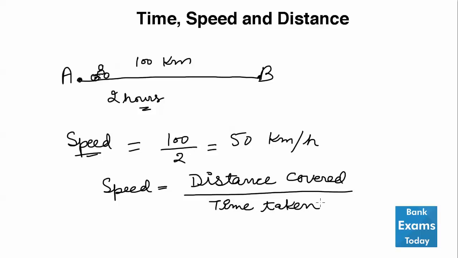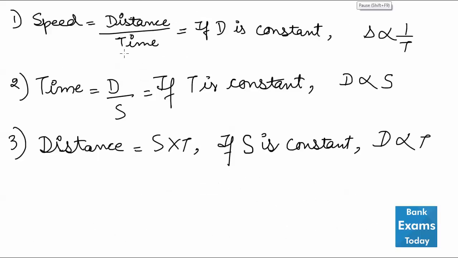So you can also write it like time taken is equal to distance divided by speed. Or you can also write it as distance covered is equal to speed multiplied by time. So here are three derivations that you should know to solve the questions from this chapter.